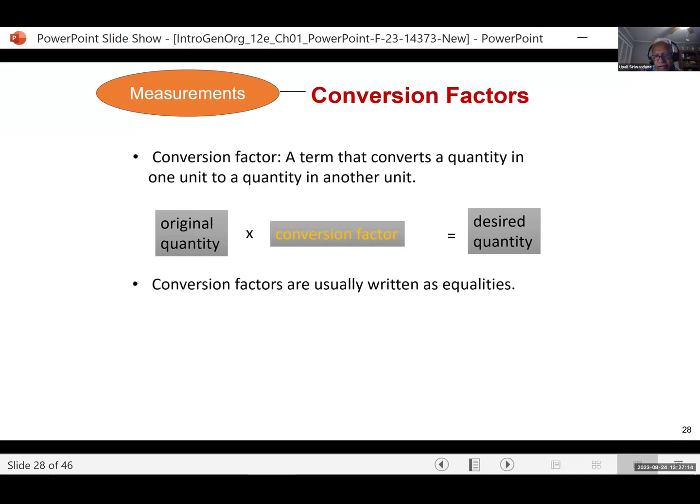Conversion factors are usually written as equalities. So this is 2.21 pound is equal to 1 kilogram. You probably heard about this. 1 kilogram is 2.21 pound. You guys have any questions?